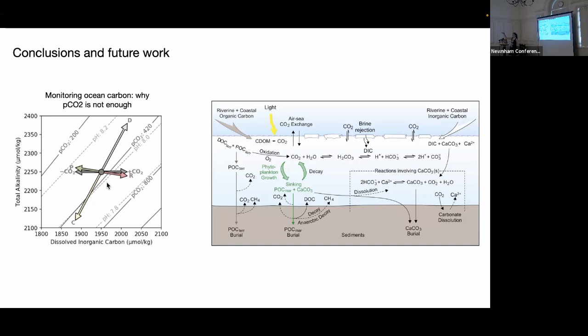But if you want a mechanistic understanding of what is causing those PCO2 values, you will need to have more information on the whole carbonic chemistry, which gets to the point of ship-based information, etc. For example, we only measure PCO2, but there is actually more technological effort now to have sensors that could measure more parameters of the carbonic chemistry at once, like PCO2 and pH, or PCO2 and dissolved inorganic carbon, or PCO2 and total alkalinity, or pH and the DIC, etc. So you can have different combinations and reconstruct the missing parameters.